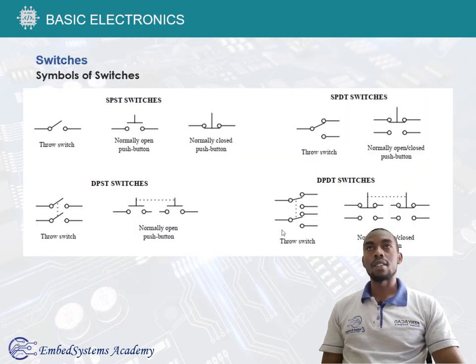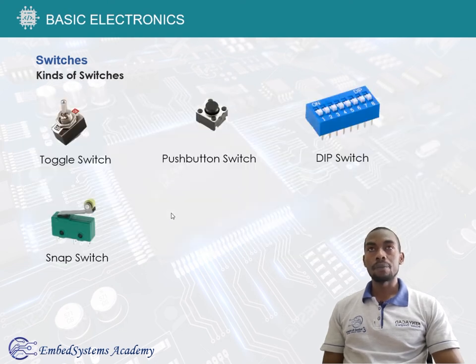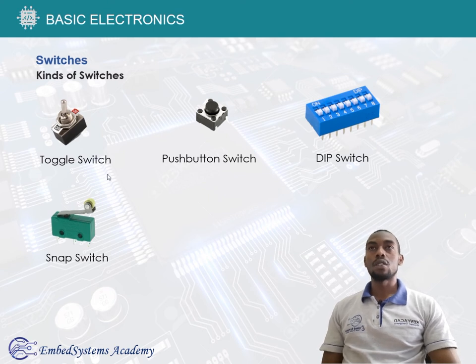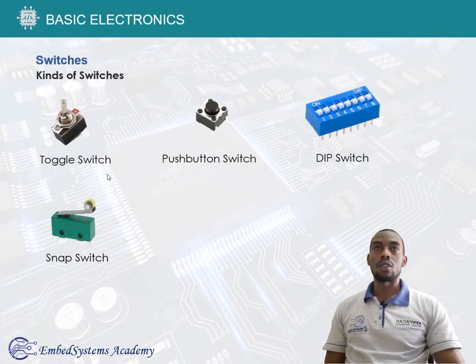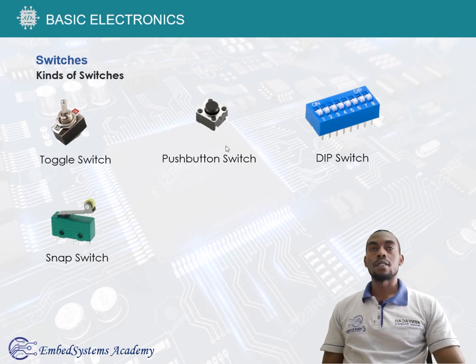And these are the symbols of various switches: a throw switch, a normally open push button, a normally closed push button, and all these other ones as well. In our course, we shall interact with some of them. We have a toggle switch, which turns on and off. That is, at one point it's either on or off. That's what the word toggle means.